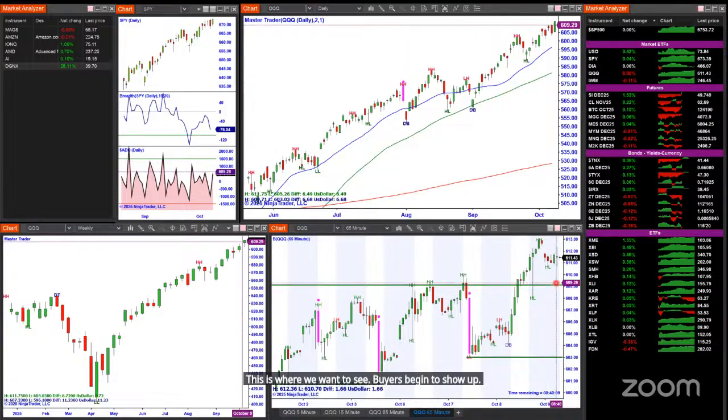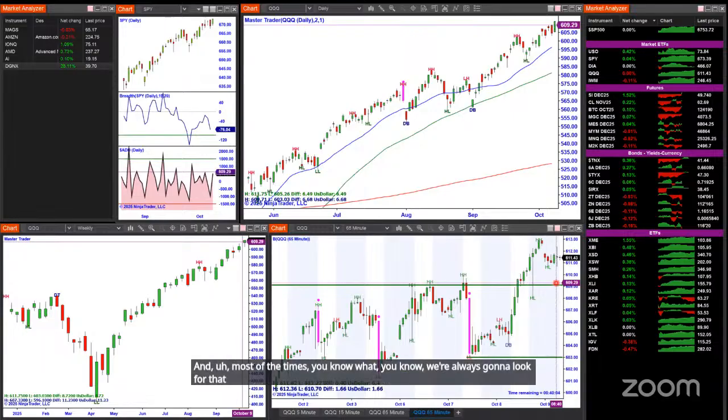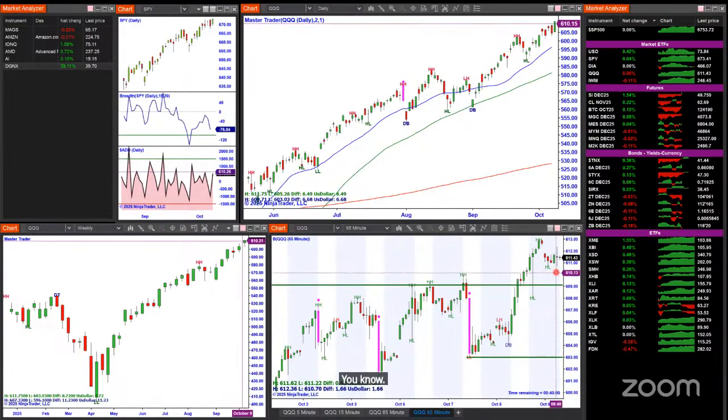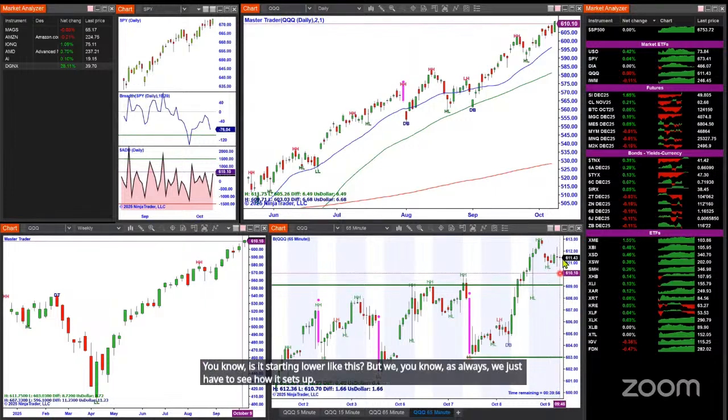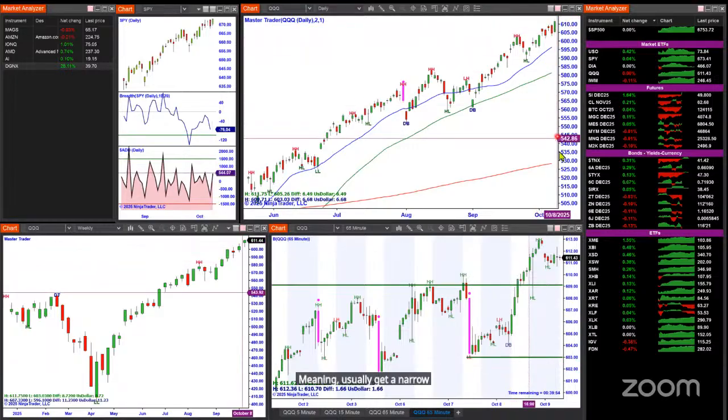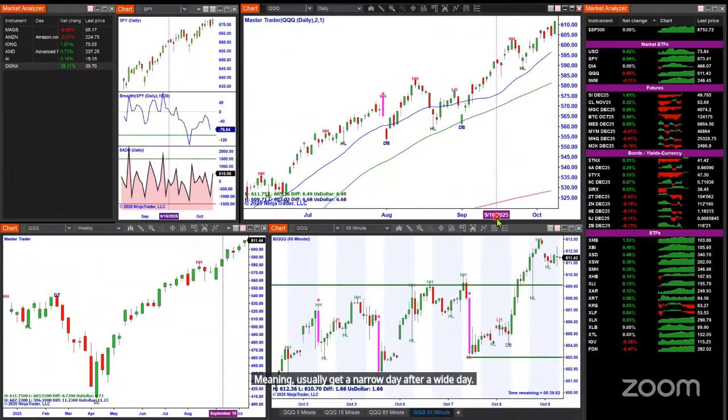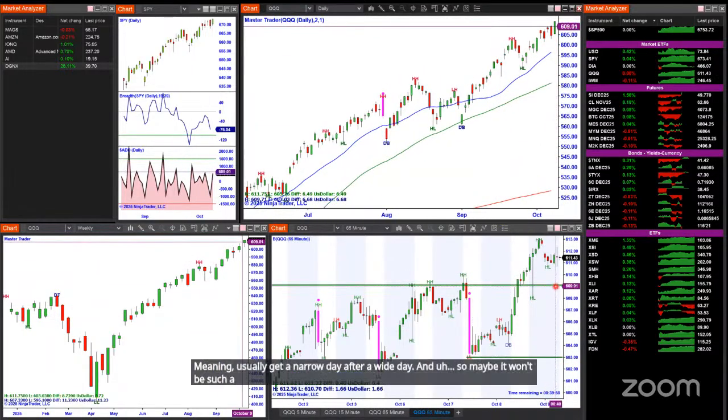Most of the time you get a narrow range day, as it's starting lower like this. But as always, we just have to see how it sets up. Meaning, you usually get a narrow day after a wide day, and so maybe it won't be such a great setup to consider longs there.